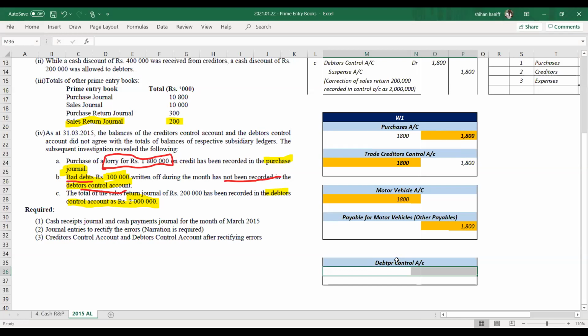Right. So if you take the debtors control account, they have credited 2,000. So the actual amount is not 2,000. This is sales return. The actual amount is 200, but credited 2,000. So how do you correct it? 1,800 you have to debit. Right. It's a credit entry. Sales return is a credit entry for the debtors control account.